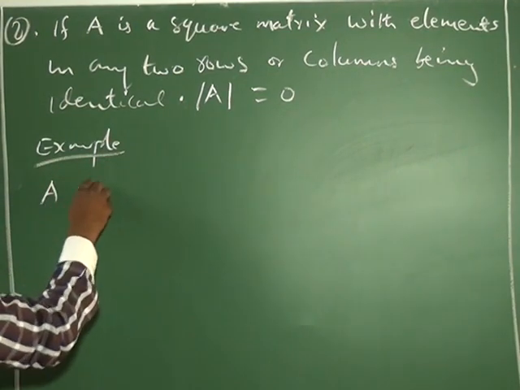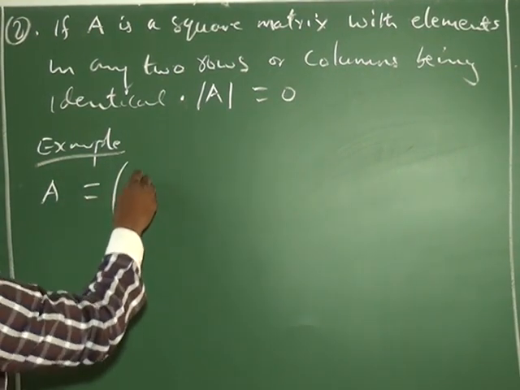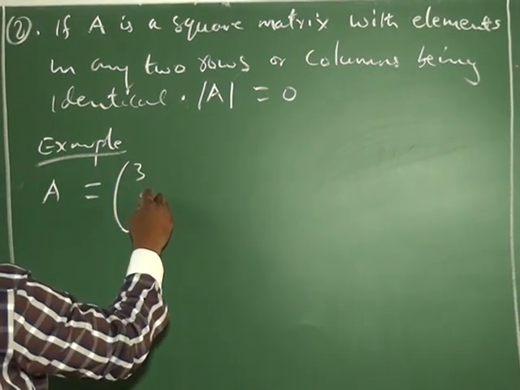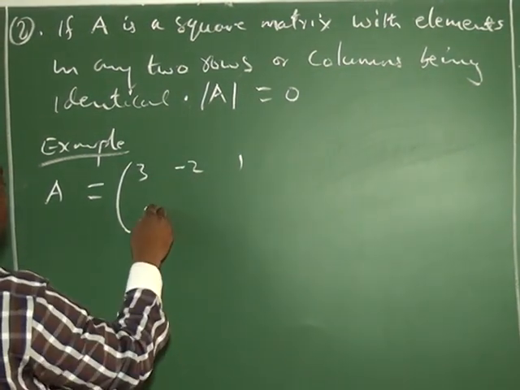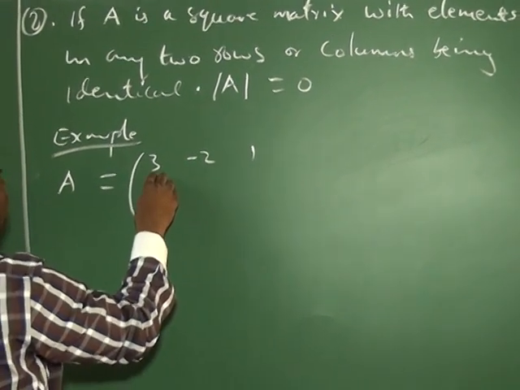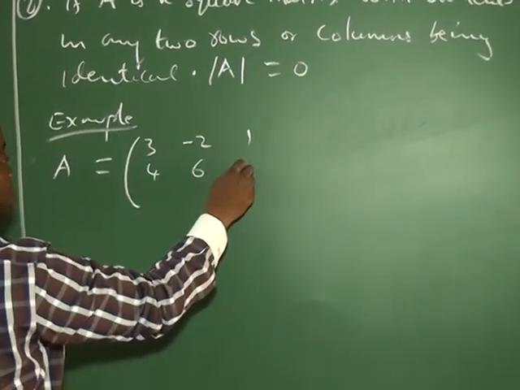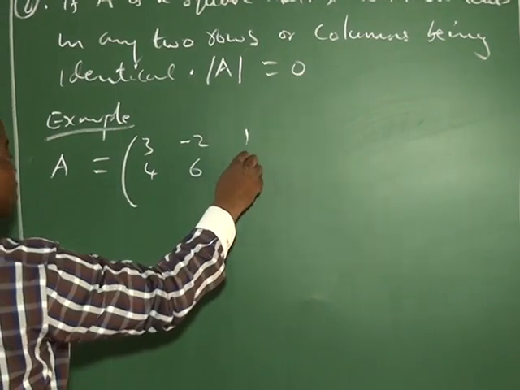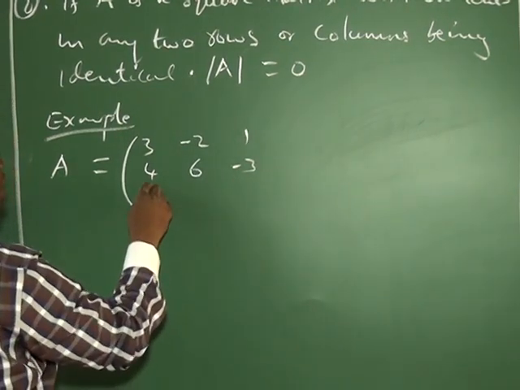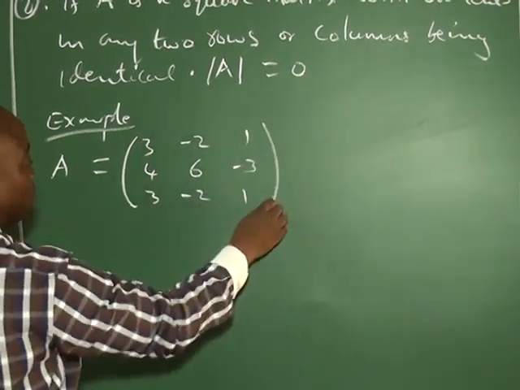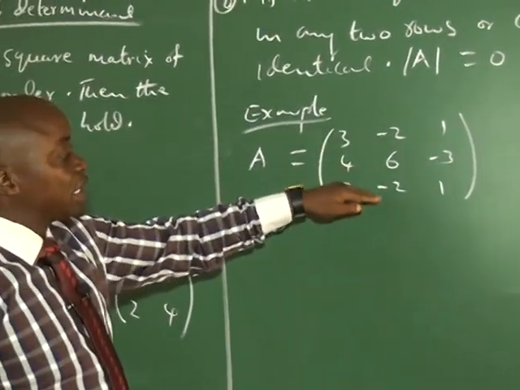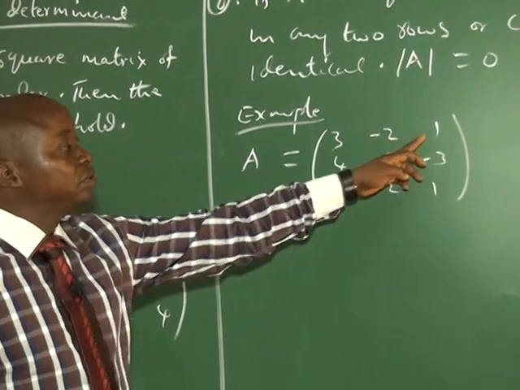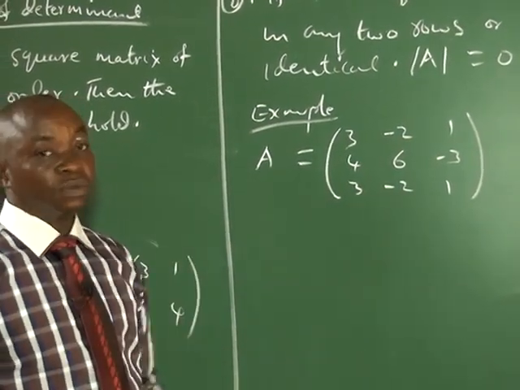If I have A to be 3, minus 2, 1, and I have 4, 6, 3, or minus 3, I have 3, minus 2, 1. And look at this. The 2 rows are identical. 3, minus 2, 1, 3, minus 2, 1.